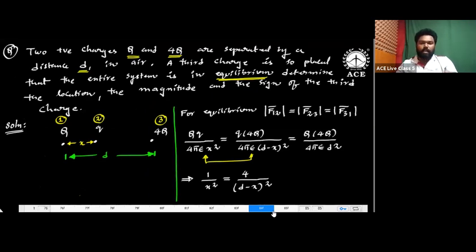Then let us consider the remaining part for the charge value q. I'll equate these two things.